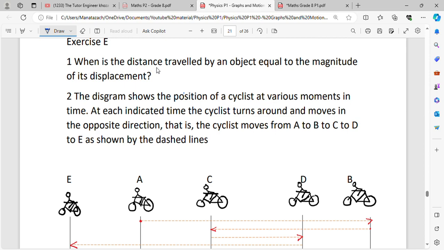When is the distance traveled by an object equal to the magnitude of the displacement? The comparison is between the distance and the displacement.